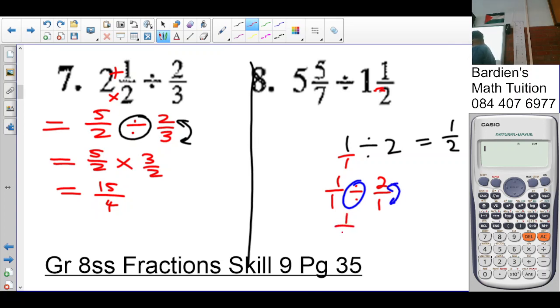So it becomes 1 over 1 times 1 over 2. Anything that can cancel? No. So 1 times 1 is 1. 1 times 2 is 2. You understand? So that is the reason. The reason for that is because I can't divide manually.